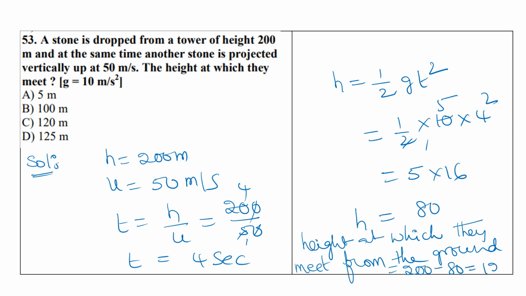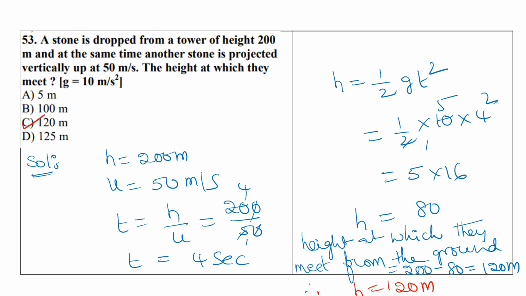So we are getting 120 meters. Therefore h is equal to 120 meters. Option C is the correct answer.